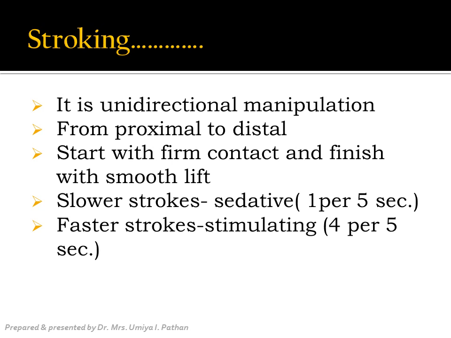Slower strokes are more sedative, so you can give one stroke per 5 seconds to produce a sedative effect. Faster strokes are more stimulating, so you can give 5 strokes per 5 seconds.